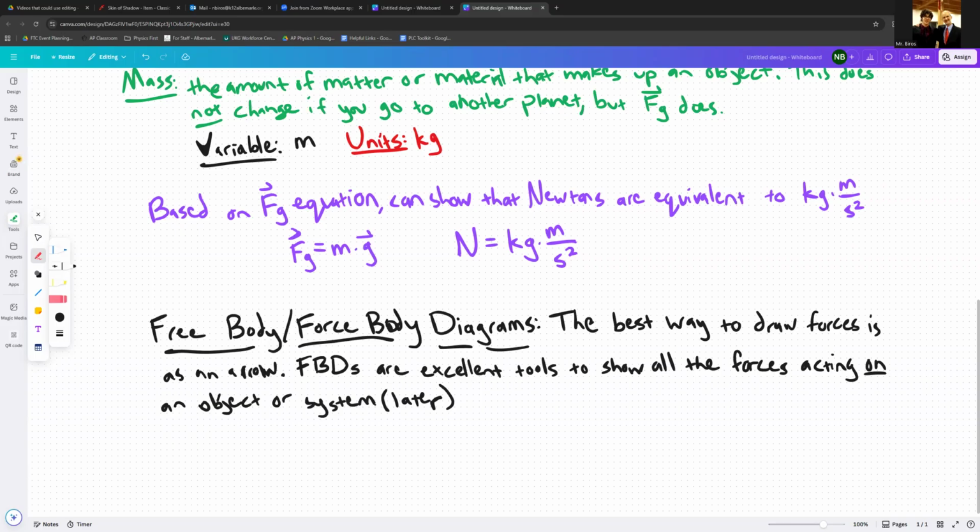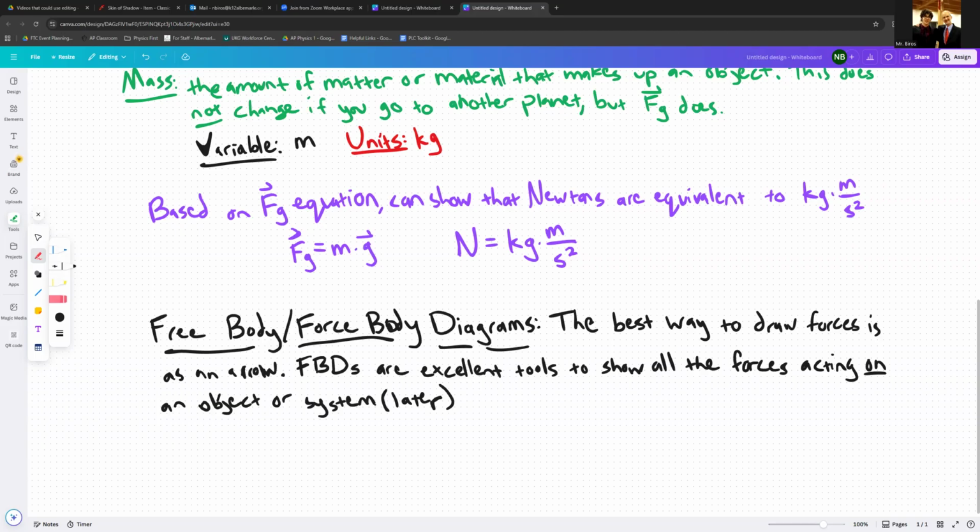So you have an object like a box sitting on the floor or a person standing in an elevator or whatever it is, and you want to look at a free body diagram to show you the forces. Specifically, free body diagrams are going to show us the forces acting on that object.